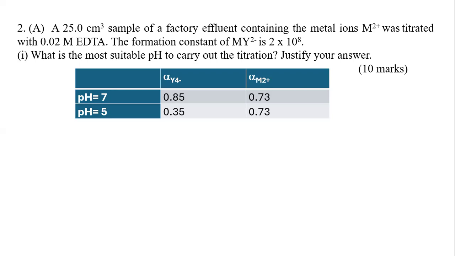And delta G can be expressed in 2 ways. That is, how? Delta G is equal to minus nFE naught if it is a potential change. Otherwise, delta G is equal to minus, can anybody tell?